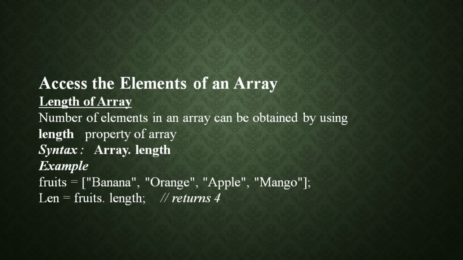If you observe this example, fruits, I have taken 4 elements: banana, orange, mango and apple. Length equals fruits dot length. What does it return? What is the size of our array? 4. The length specifies the number of elements in an array.